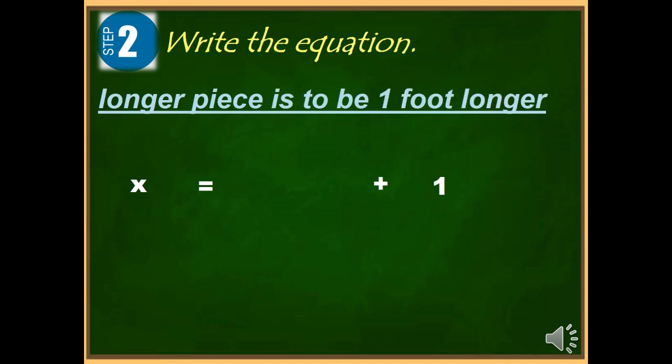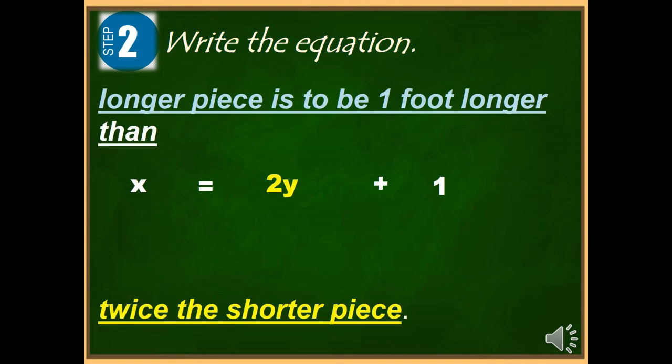We have X equals 2Y plus 1. That is, the longer piece represented by X is equal to 1 foot longer than twice the shorter piece Y. We have 2Y there in our equation because it is stated that the condition is twice the shorter piece, meaning we have to multiply 2 to our shorter piece, which is Y.